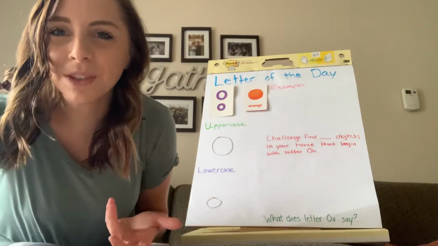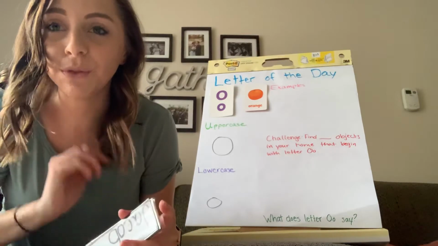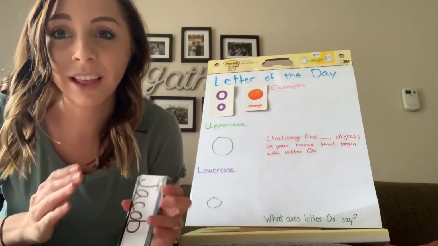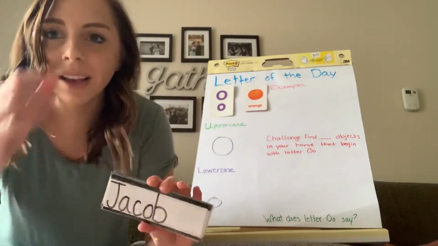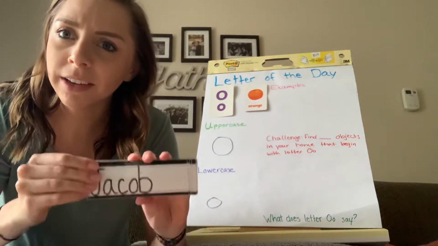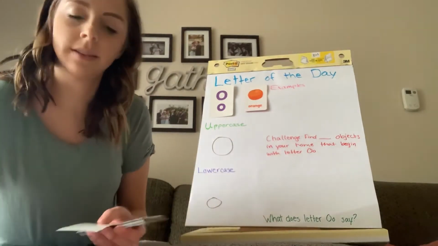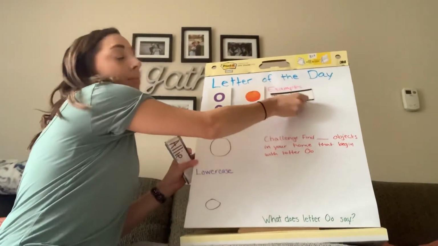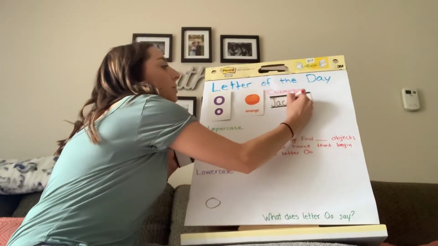Now, what friends do we have with letter O in their name? Let's find out. Now, don't forget to stop Mrs. Wagaman when you see the letter O in someone's name. Is it always the first one? Jacob has an O in his name. We're going to put Jacob up here as our example, and highlight our O for Jacob.